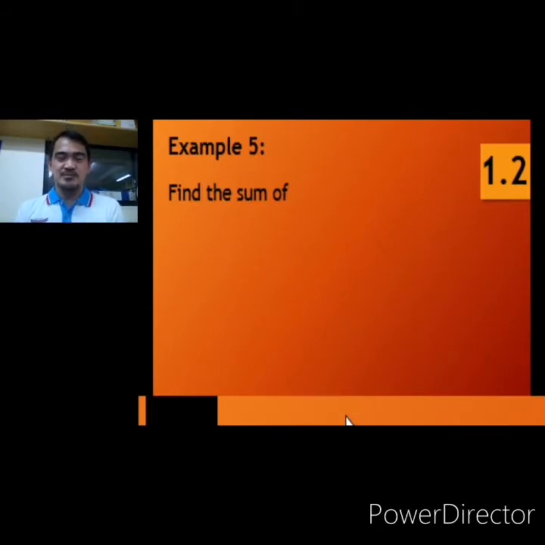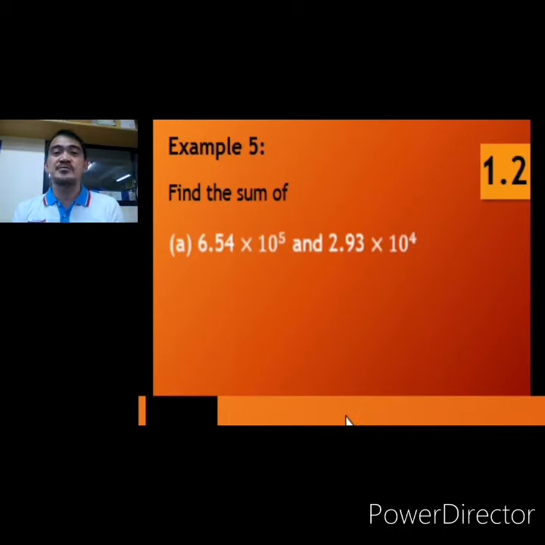Example number 5. Find the sum of 6.54 times 10 raised to 5 and 2.93 times 10 raised to 4. Look closely at the power of your base 10. They are not the same. They have different powers of base 10. One is 5 and the other one is 4.